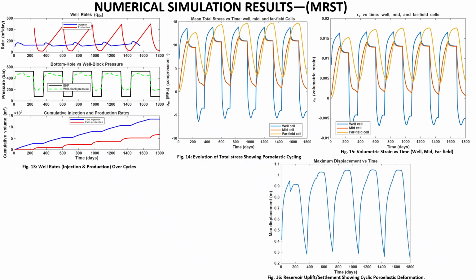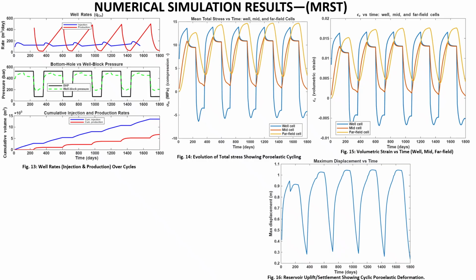In the figure 16, I'm showing the maximum displacement versus time. Again, time is in days in the x-axis, and the y-axis shows the vertical displacement in meters. So we see a clear uplift during injection, reaching about 1.0 to 1.05 meters of displacement.